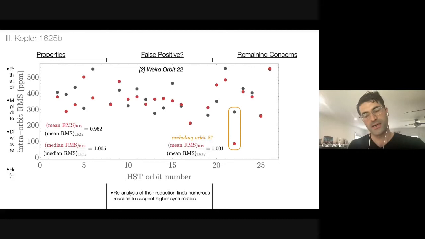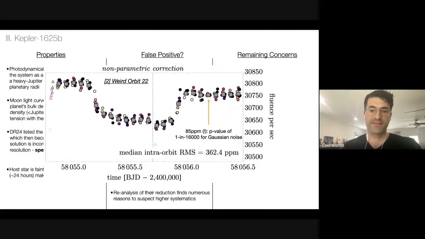But for the other analysis, they get a really low scatter, less than 100 ppm, which is really surprising compared to the rest of the data. If that's 85 ppm, that's a 1 in 16,000 event. So it's possible that happens by chance, and you can see it there, and that's right in the moon region. So for some reason, that orbit has really, really low photometric scatter.